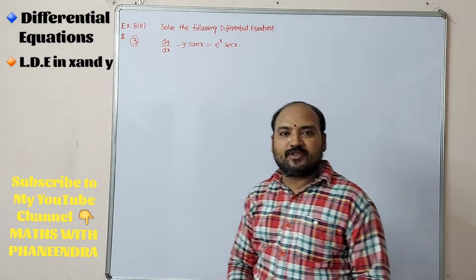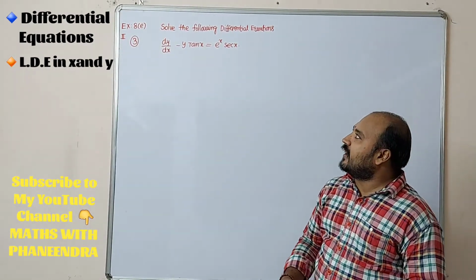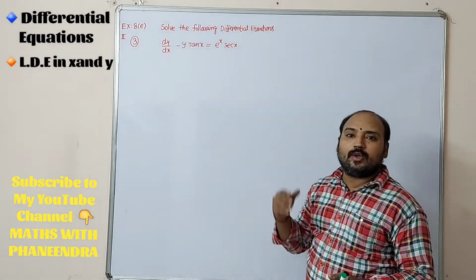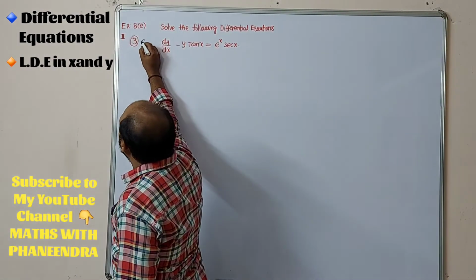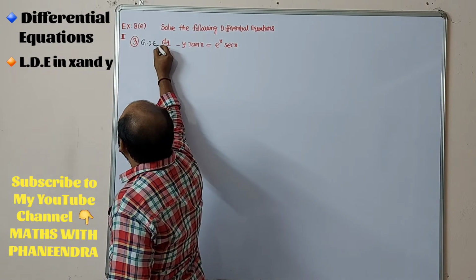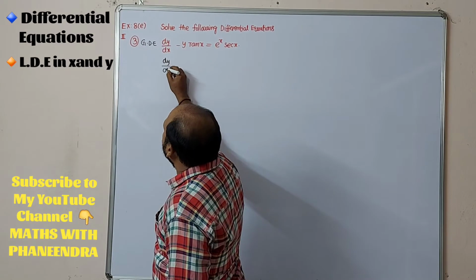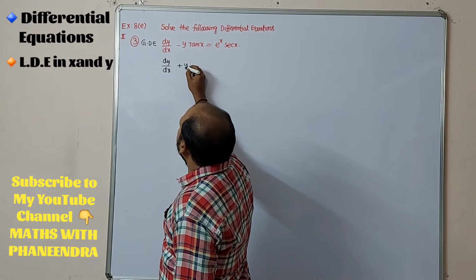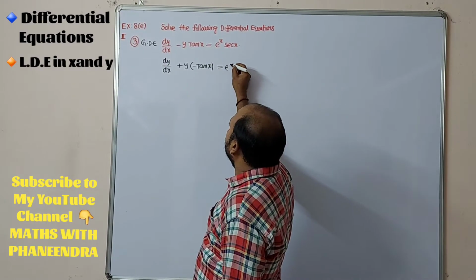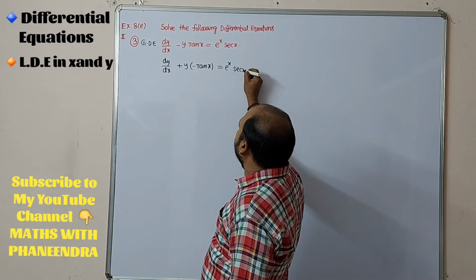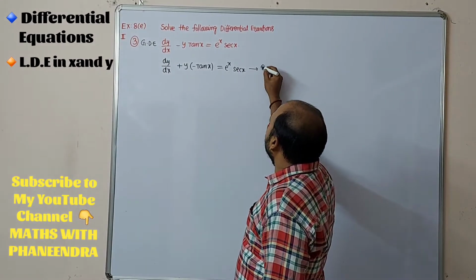The next question, number 3. Solve differential equation dy by dx minus y into tan x equal to e power x into secant x. The first step is to write the given differential equation in the form of dy by dx plus y into minus tan x is equal to e power x into secant x, equation number 1.